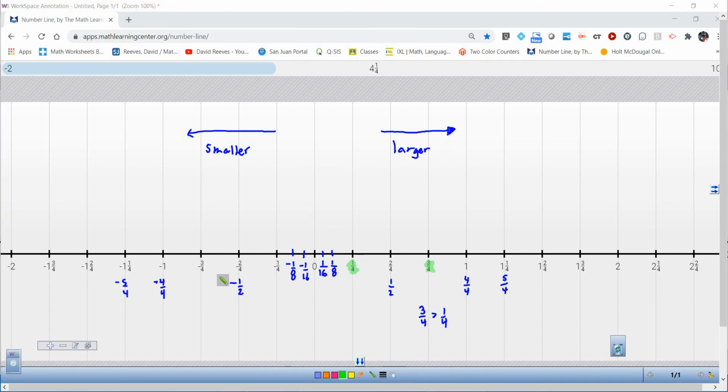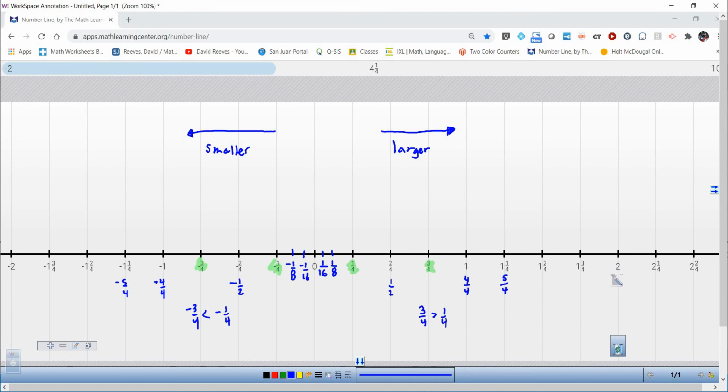But if I asked you over here to compare -3/4 and -1/4, take a look at this arrow, -3/4 is smaller than -1/4. Does that make sense? -3/4 is smaller. So it works kind of the opposite, right?